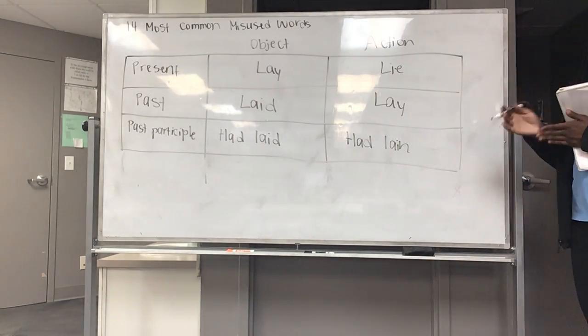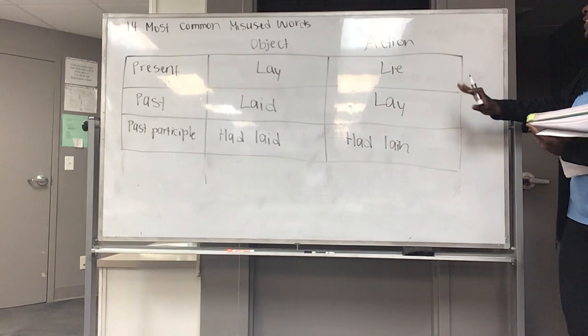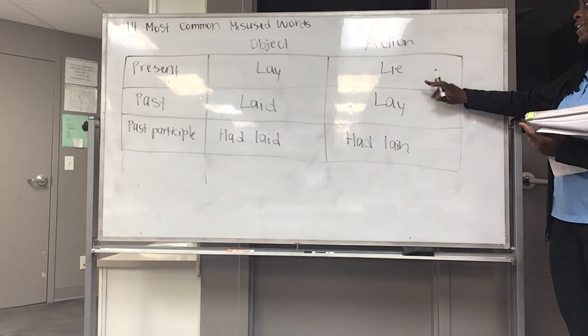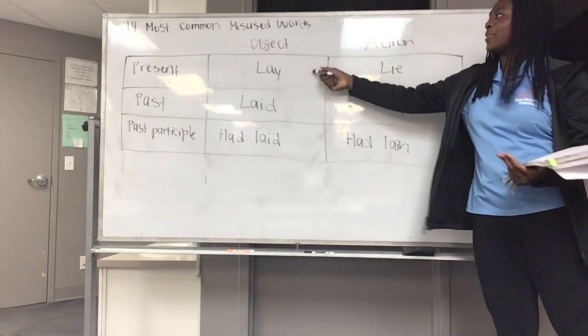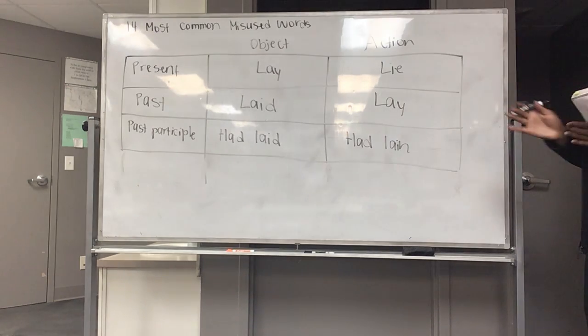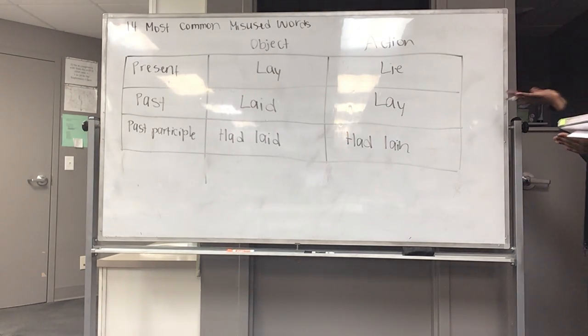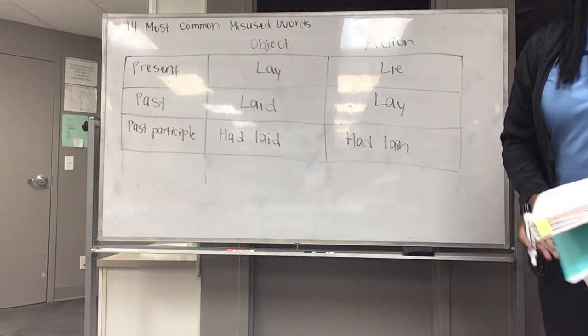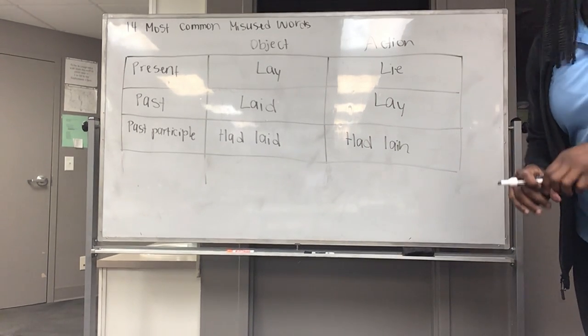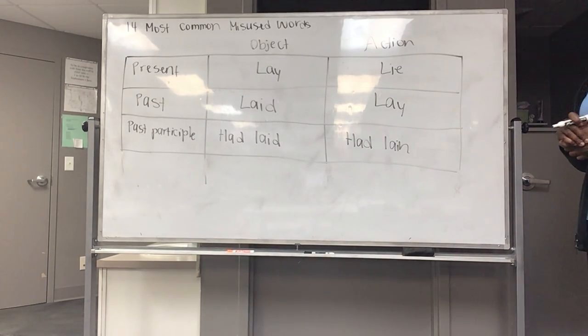The most important part to remember is how to differentiate between the past tense of lie and the present form of lay, because they are the same word, even when we're talking about either an object or an action.